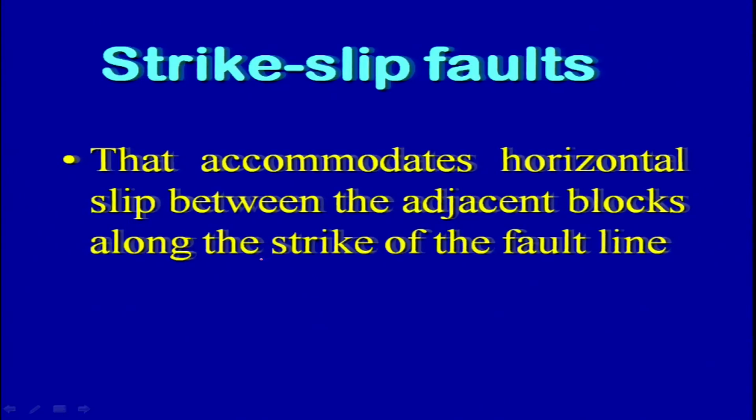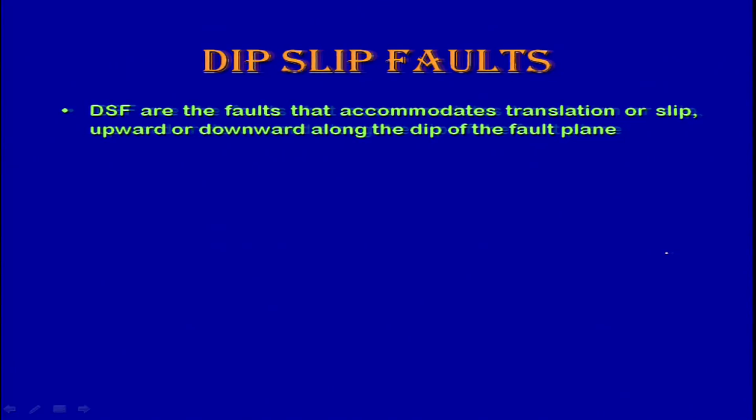The movement will take place or is seen along the strike of the fault, and dip slip faults are different in sense, because as I was showing you, the movement takes place along the dip. So the slip is observed either upward or downward along the dip of the fault plane.